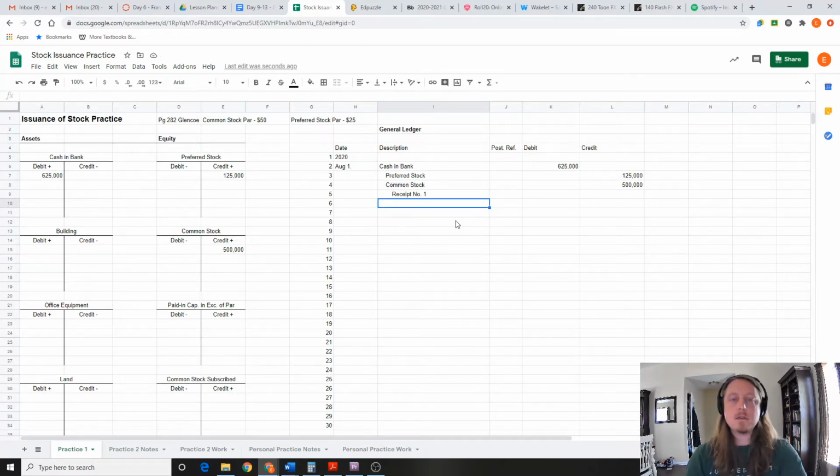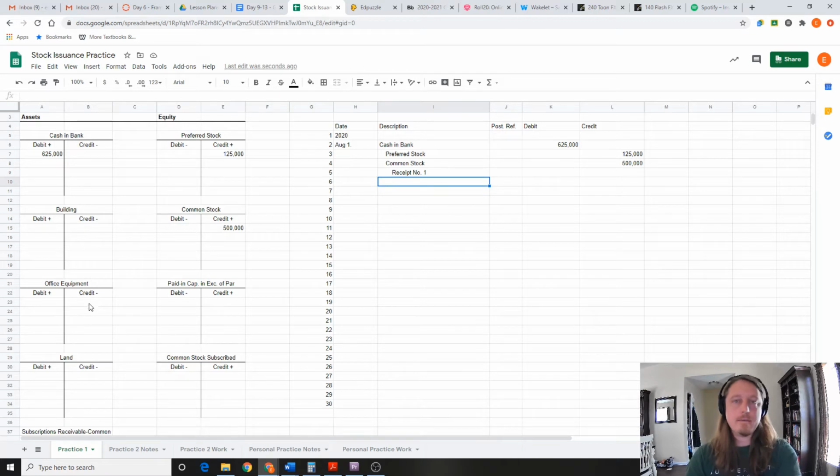Okay, let's also say that a business instead gives us equipment and we give them stock in exchange. So they're getting value and we're getting value. It's going to cancel out. So let's go look at the office equipment. Let's say they give us $6,000 in office equipment. They also give us a building that's worth $60,000. So we're going to go to building, and that's an asset that we are adding.